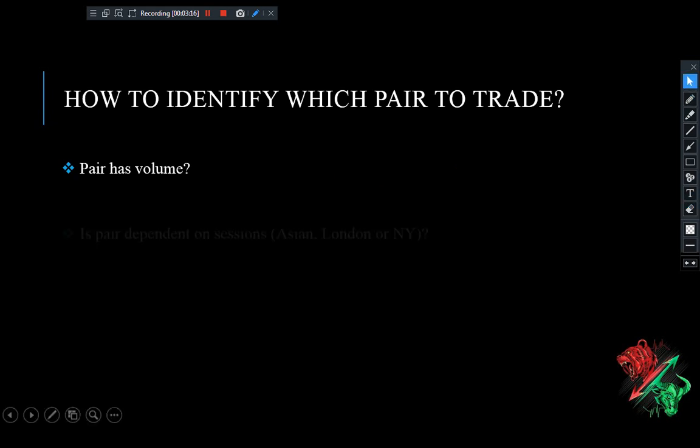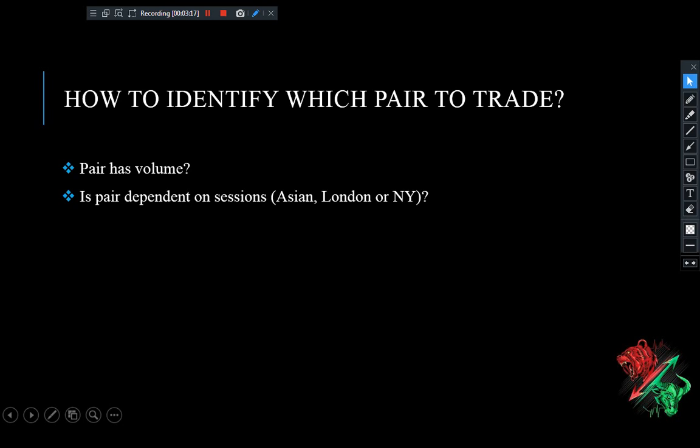Let's see what we have next. Try to make sure that your pair is dependent on the sessions. For example, USD JPY. It consists of the US dollar, which is dependent upon the New York session, and the Japanese yen, which is dependent on the Asian session.